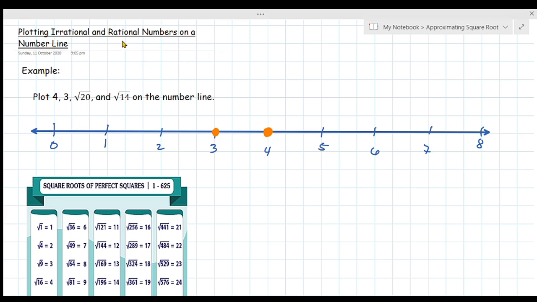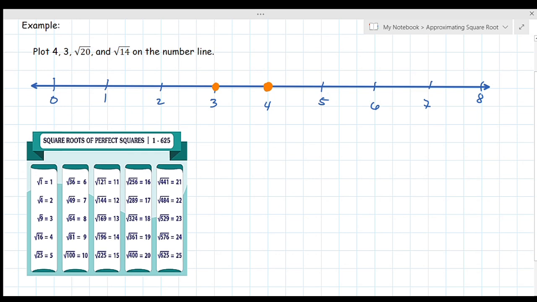So how are we going to deal with that, square root of 20? Using this table, kailangan natin alamin kung saan ba matatagpuan yung square root of 20. So square root of 20 lies in between 4 and 5. Meaning to say, square root of 20 lies between the square root of 16 and the square root of 25.